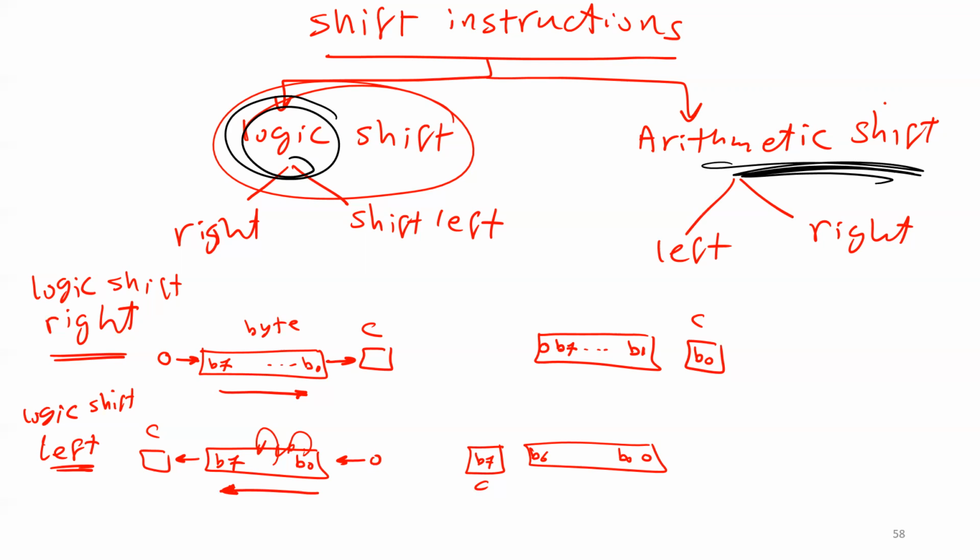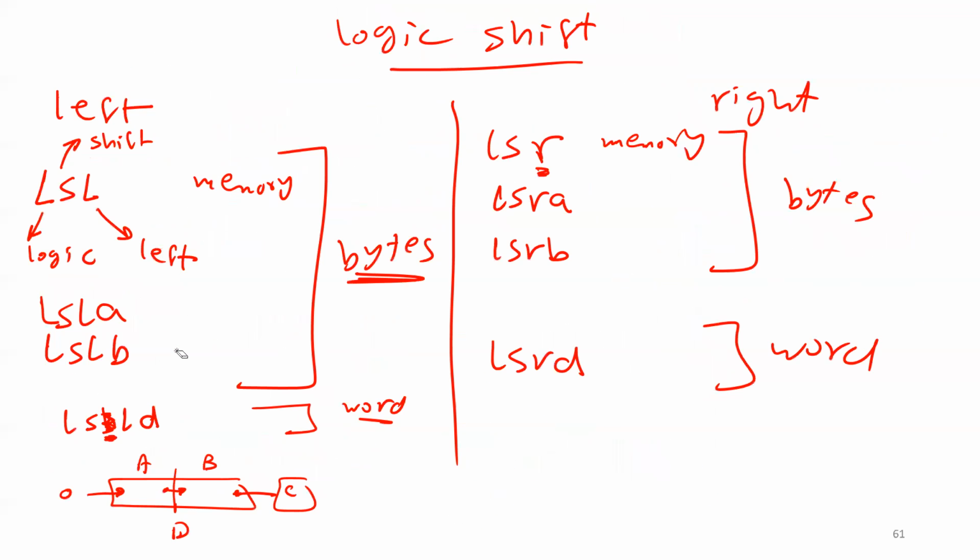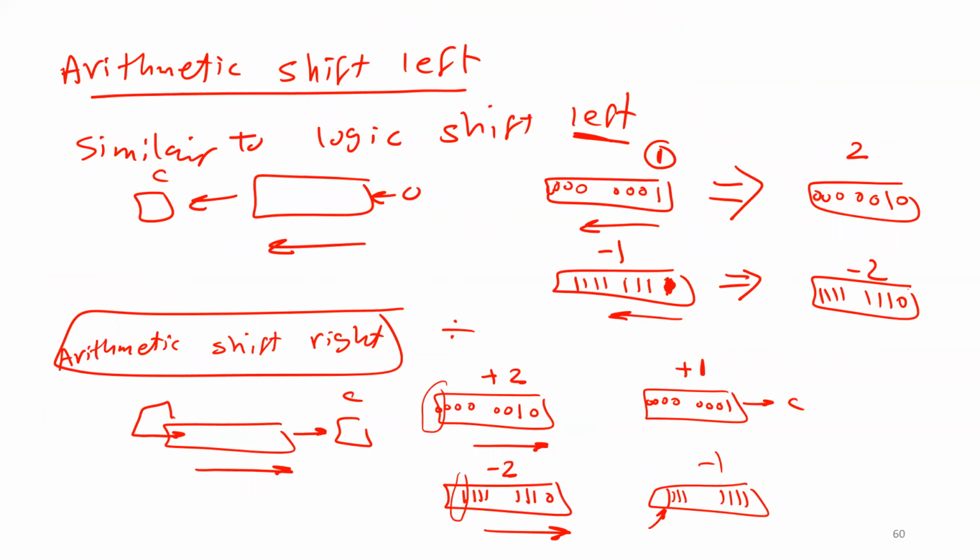I'm going to tell you how it is different. Let's first look at arithmetic shift left, guys. The arithmetic shift left works this way. All the time you shift in 0, and the last bit is going to go to the carry. But this is the same thing as the logic shift left.